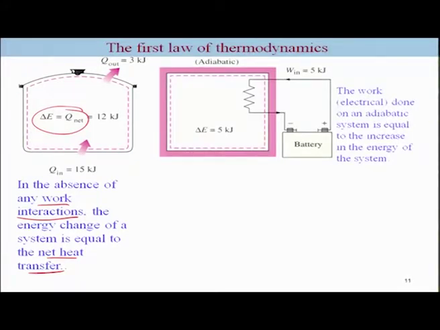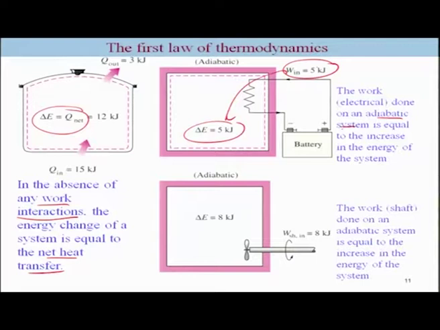Okay. Similarly, if you consider an adiabatic system where electrical work is done on it, whatever work is being done will change the energy by the same amount. And that is the same thing as far as shaft work is concerned.